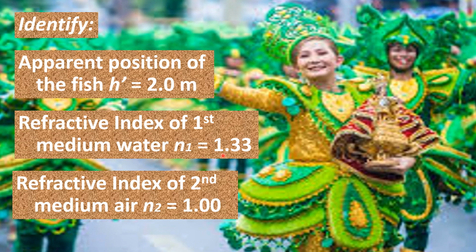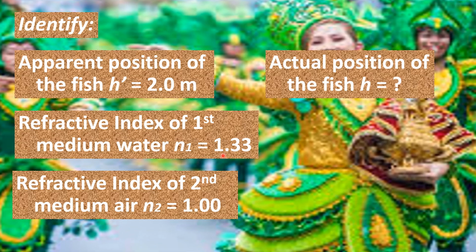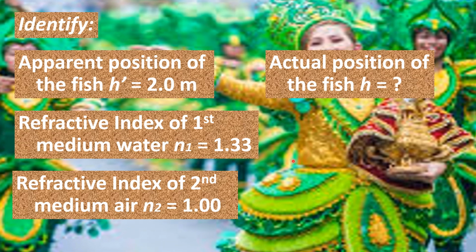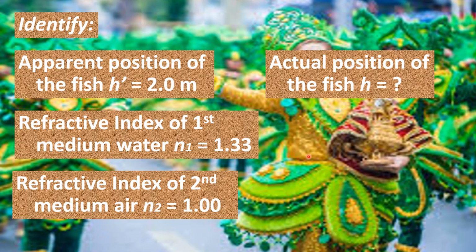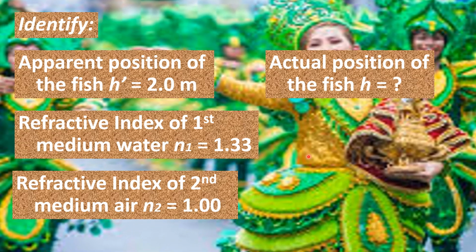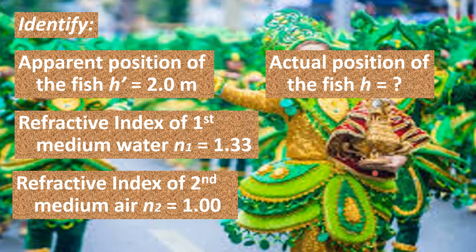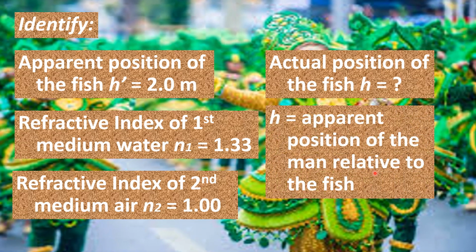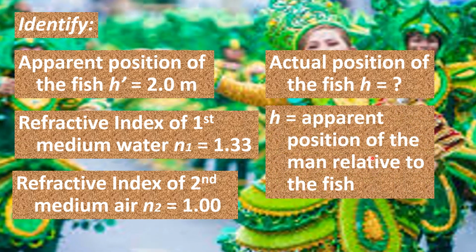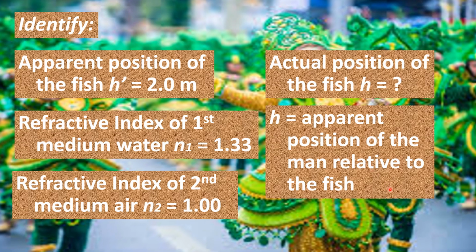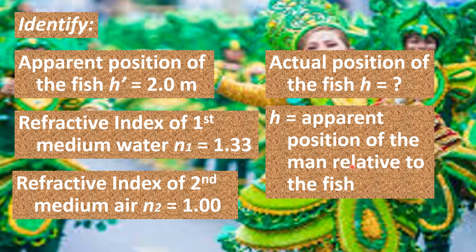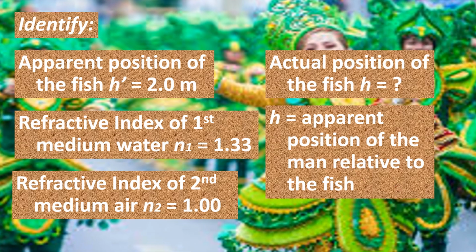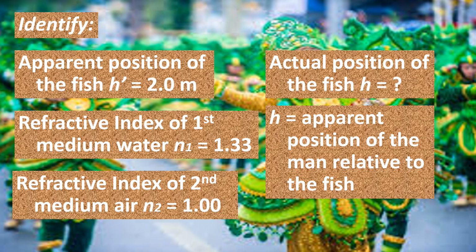And our target variable is the actual position of the fish, denoted by small letter h. This is also the apparent position of the man as seen by the fish. So the apparent position of the man relative to the fish is in fact what the question is looking for.